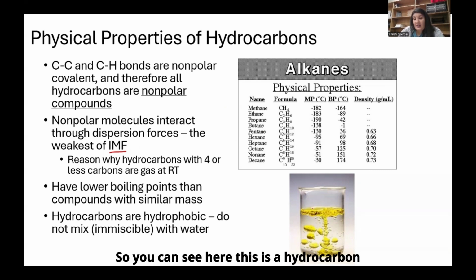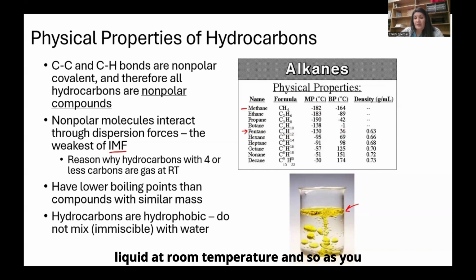You can see here, this is a hydrocarbon in water. They do not mix. This is like putting oil in water. For the physical properties, methane is the smallest of the hydrocarbons. Its melting point is negative 182 degrees Celsius. Its boiling point is negative 164 degrees Celsius. It is a gas at room temperature. Pentane is where you get to see it not be a gas at room temperature.